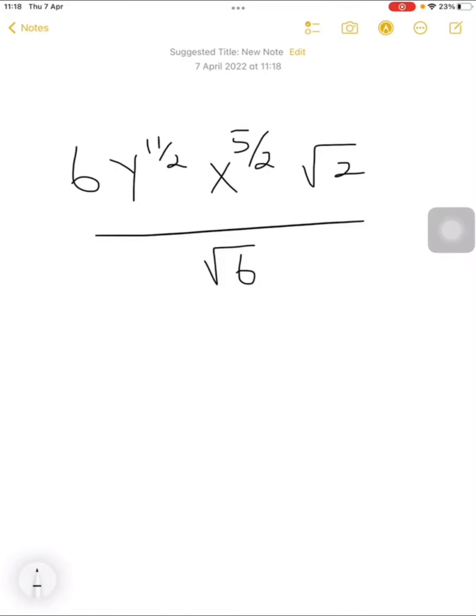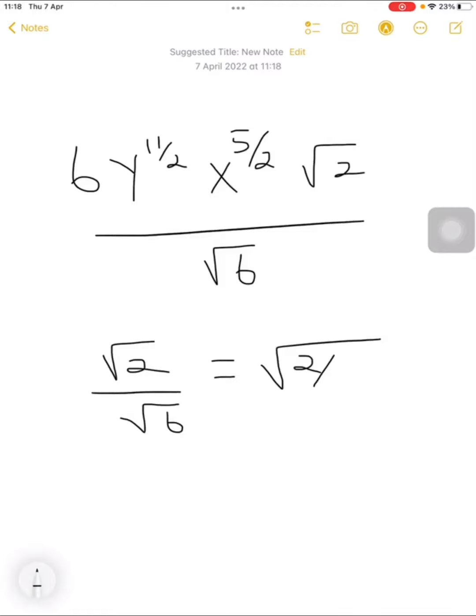Yeah, and let's see if it can go further than that. √2 divided by √6 is the same as the square root of 2 over 6, which is equal to the square root of 1 over 3.